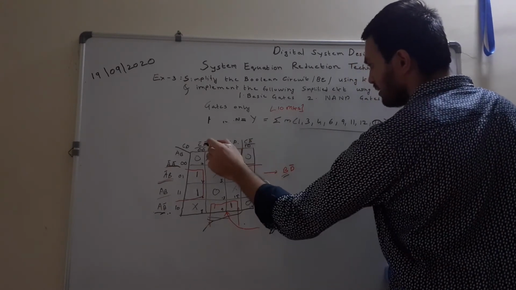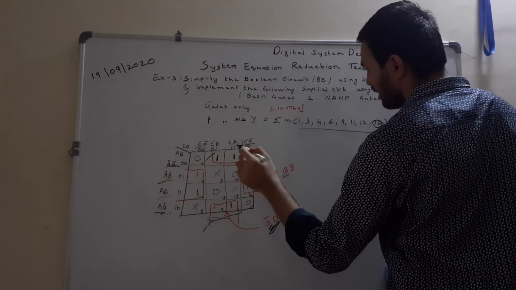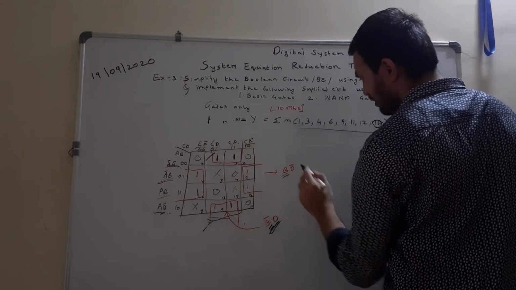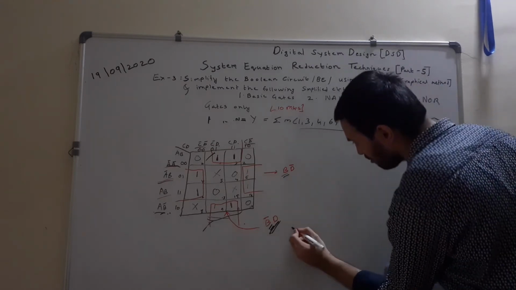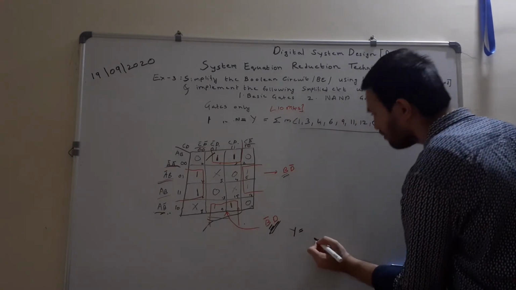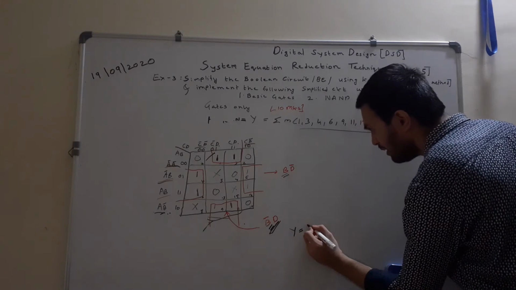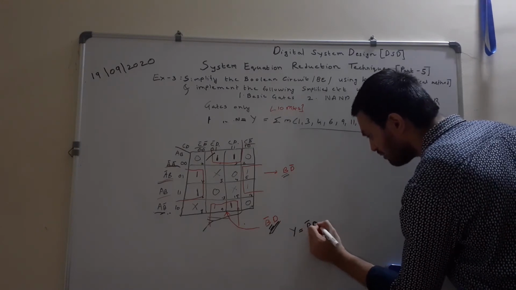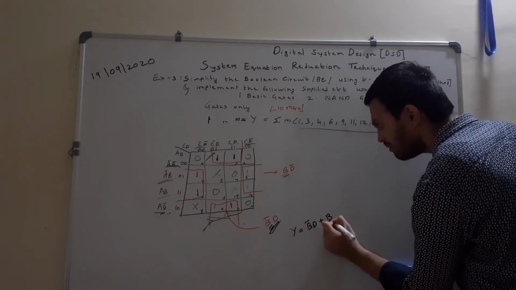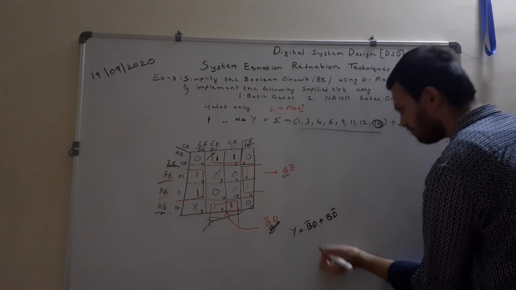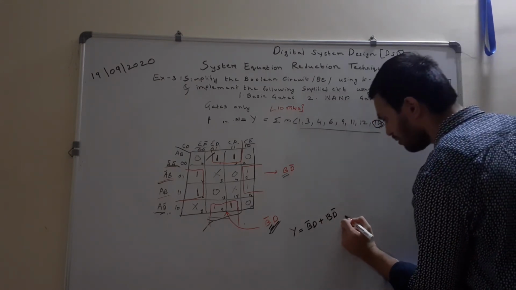So C bar is changing to C, so that gets eliminated, and only D bar will remain. So what will be your final output after simplifying these two quads? It would be B bar D plus B D bar. So this is your final output of simplification.